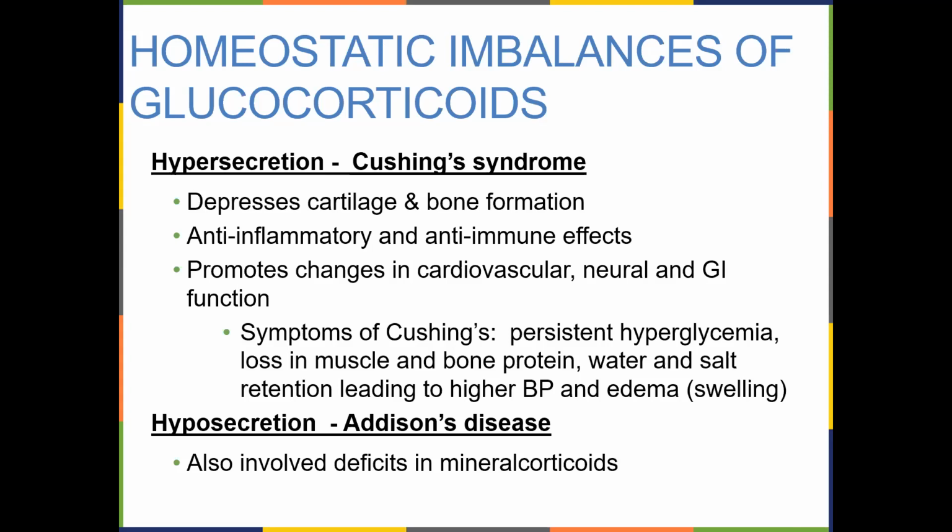In fact, we're going to see when we talk about the immune system, there's a type of white cell called the natural killer cell. It kills viruses, it kills pathogens, it kills infected cells. That's what it does. If we are hypersecreting cortisol, we are going to see that we are hyperglycemic, meaning our blood glucose levels are going to be elevated.